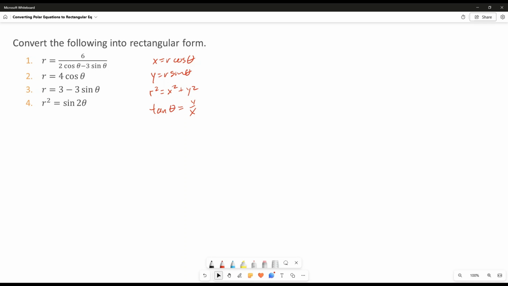Usually we're going to use the first three, the cosine, the sine, and then our squared equations. Sometimes the tangent one will pop up, but again, usually it's those first three that we're going to use.